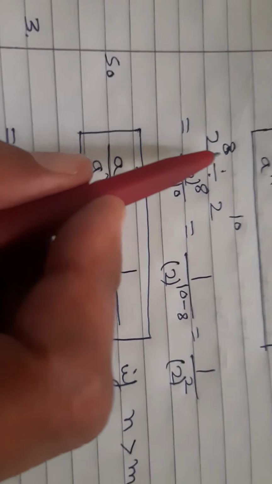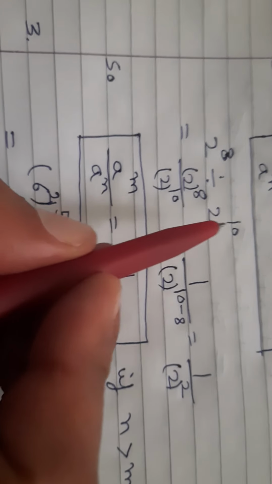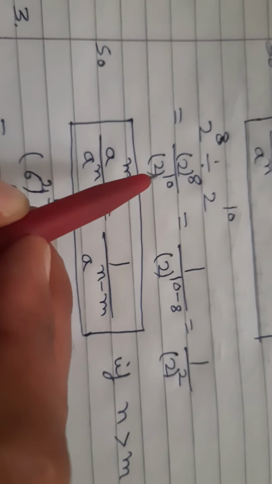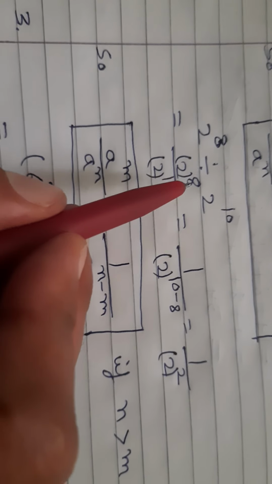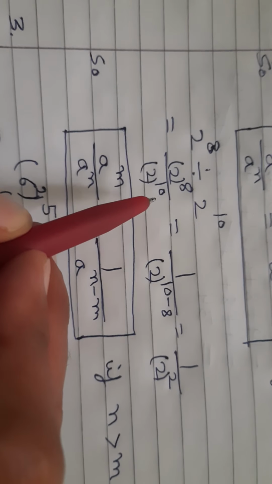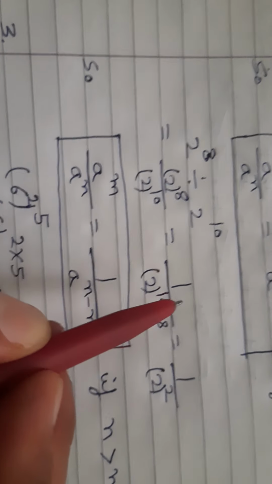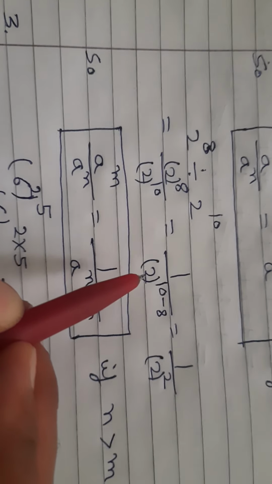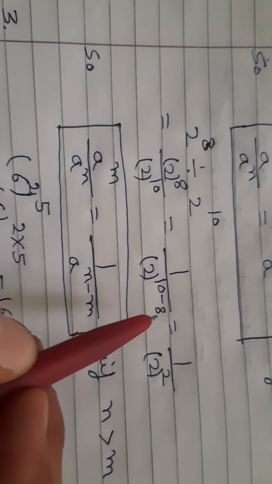If the situation is reversed, for example, 2 raised to the power 8 divided by 2 raised to the power 10, since 10 is greater than 8, it means 8 will go towards the denominator side. Therefore we got 1 divided by 2 raised to the power 10 minus 8.